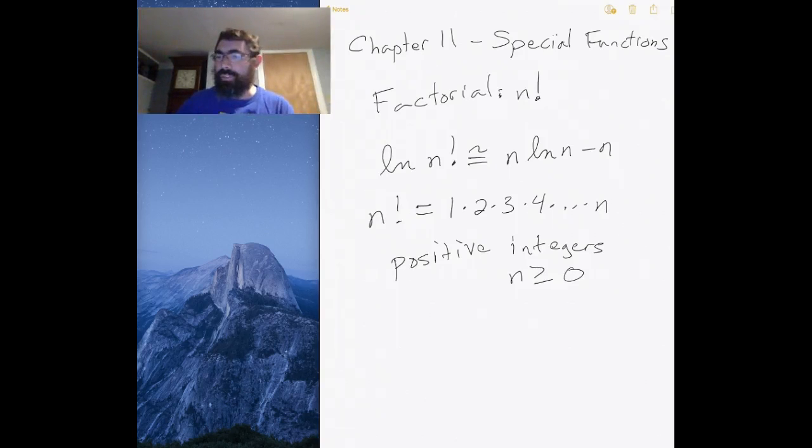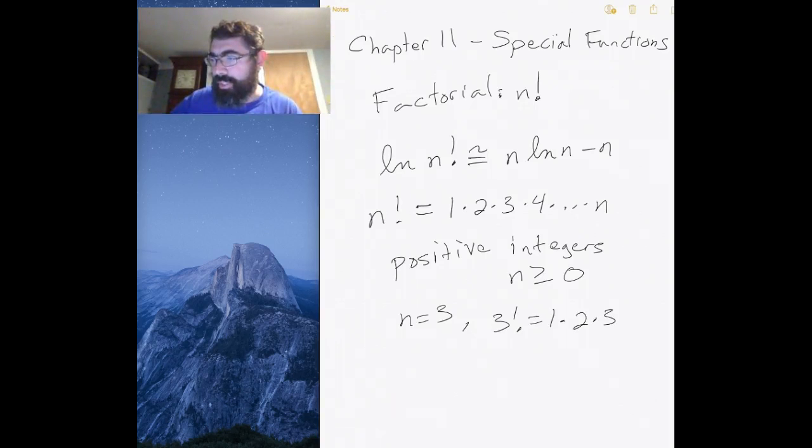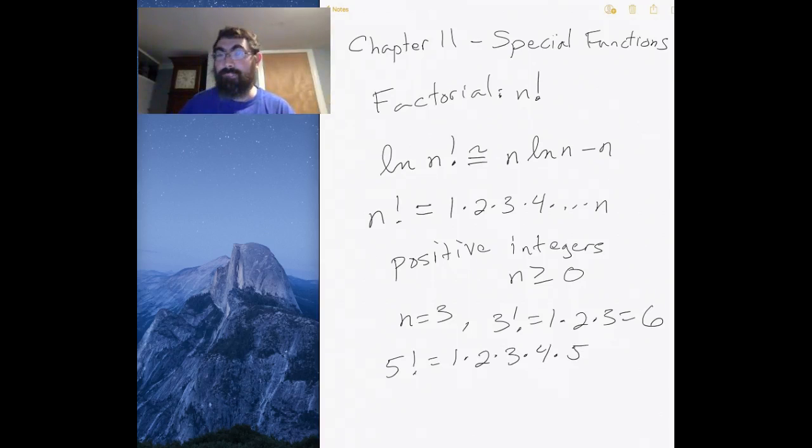So we can come up with some examples. If n is equal to 3, then 3 factorial is 1 times 2 times 3, or 6. 5 factorial is 1 times 2 times 3 times 4 times 5.